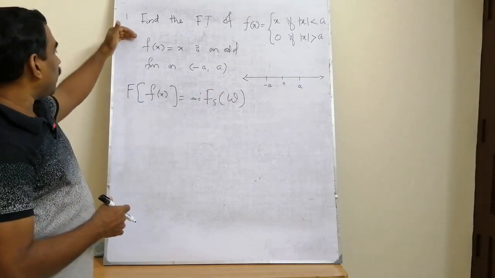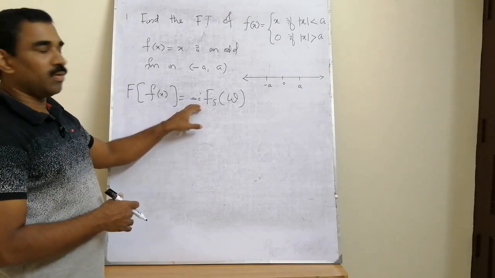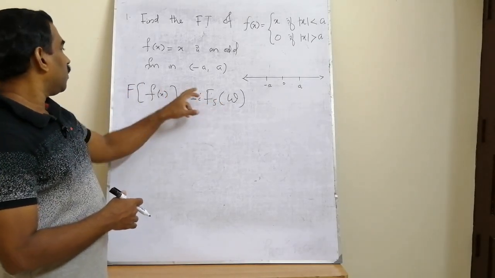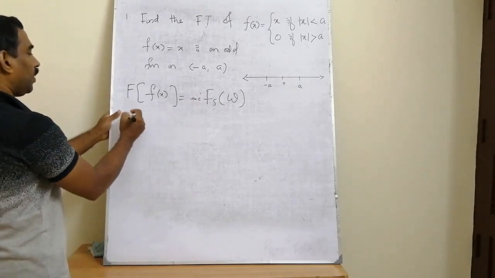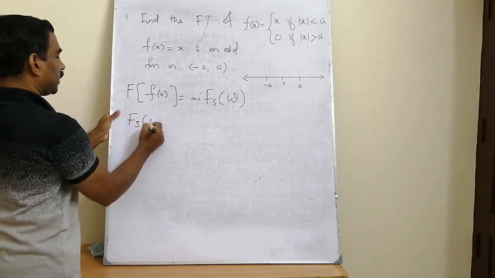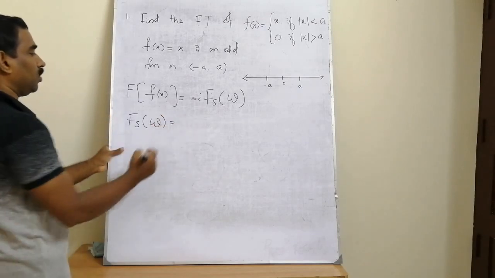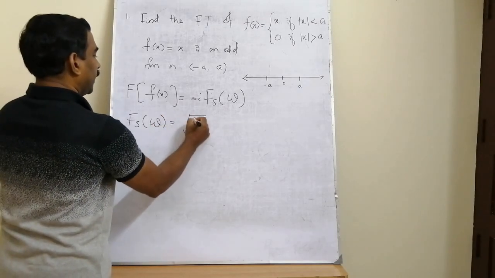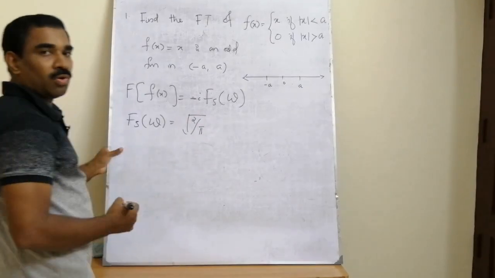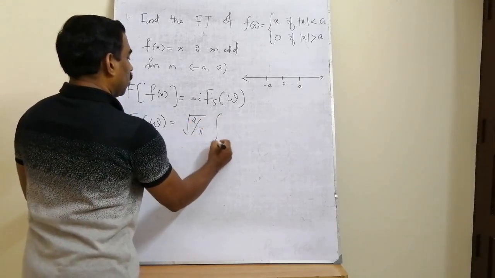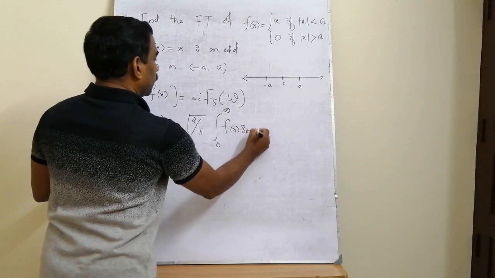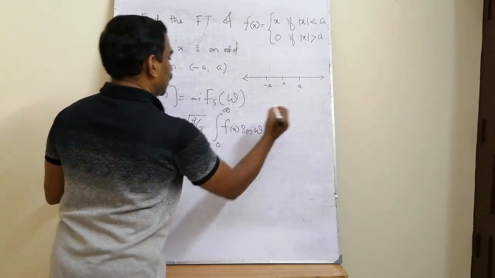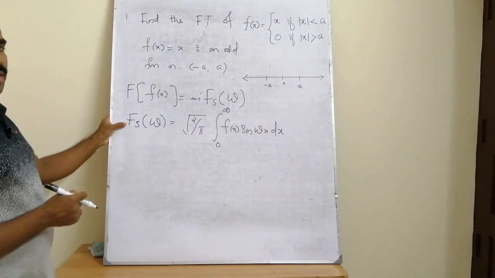And because this Fourier transform is always a complex number, we are multiplying this Fourier sine transform with minus i. Where Fs(omega) is the Fourier sine transform, and it is equal to, what is the formula for the Fourier sine transform? It is equal to square root of 2 by pi integral 0 to infinity f(x) into sin omega x dx. So this is the formula for computation of the Fourier sine transform.